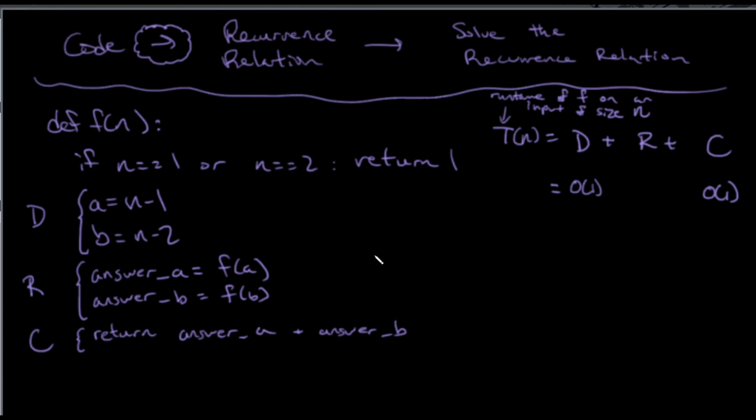And now, unlike the factorial recurrence relation, where we had just one call to f of n minus 1, here we have two calls. We have a call to f of n minus 1 and also a call to f of n minus 2.